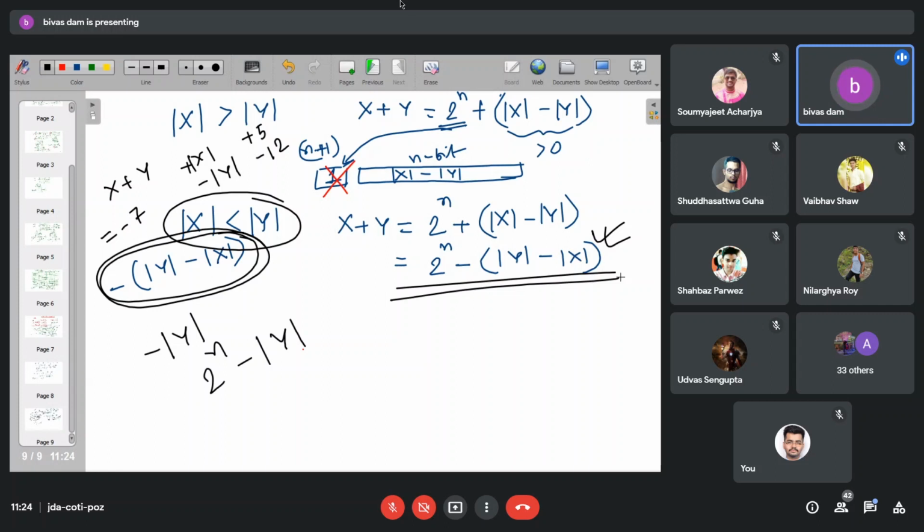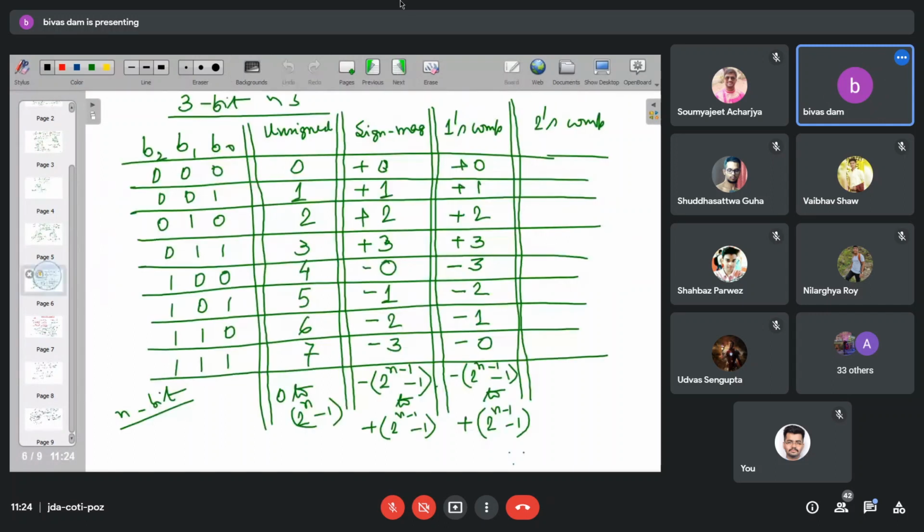Before going for that, I'll come back to this one. Now let us fill up the corresponding decimal numbers for the 2's complement number system. For 000, what will be the decimal number? Plus 0 only.